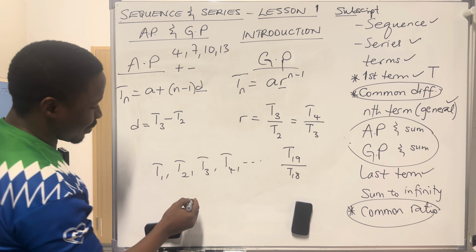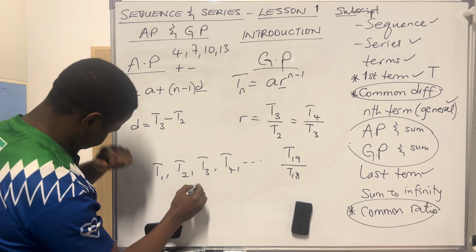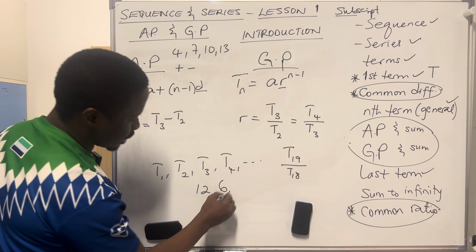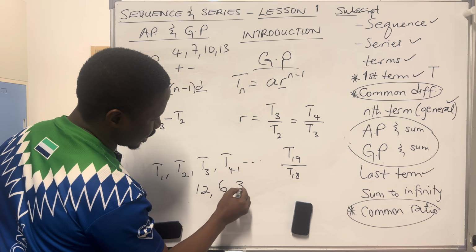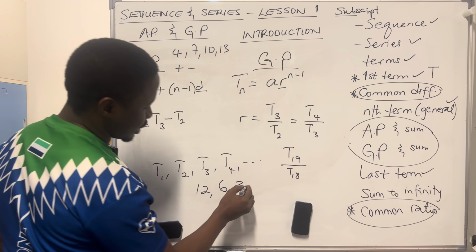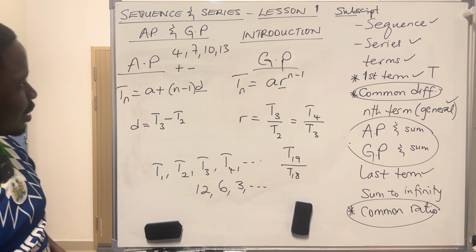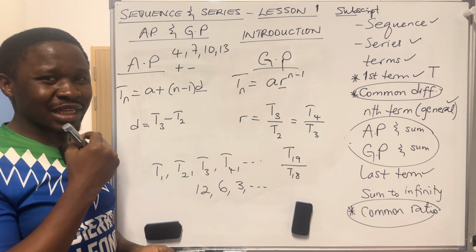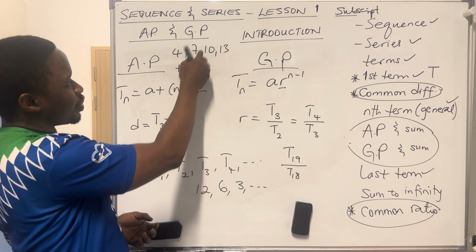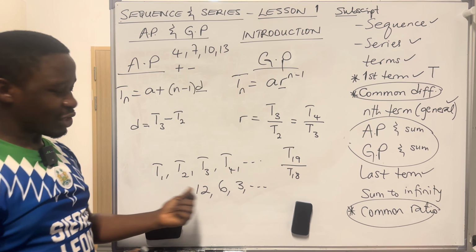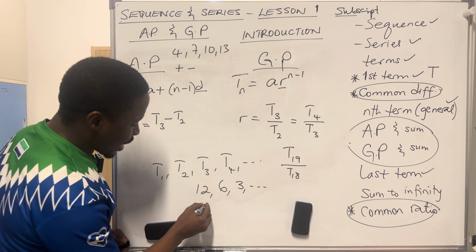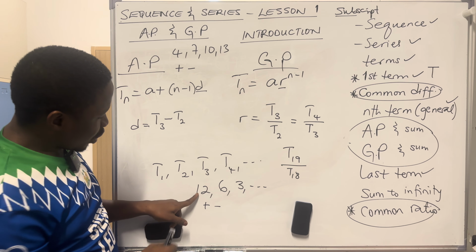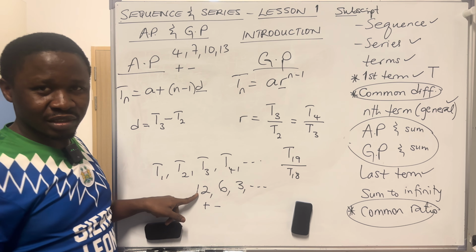Now let's say we have 12, 6, 3. Let's stop here. What did I say? For it to be an AP, there must be a constant number you add or you subtract to get the subsequent. Let us try it here. What do we add to 12 to get 6?